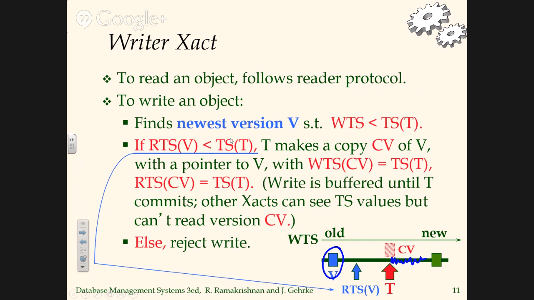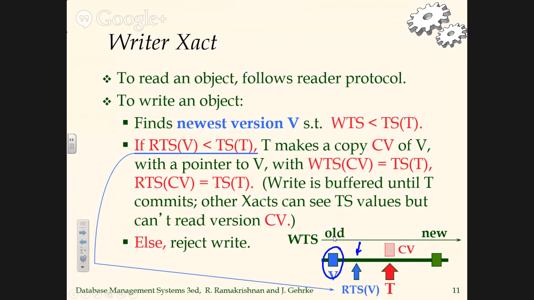If somebody read it, they read it here before you're about to write it. That means that you won't invalidate any reads, and so it's safe to update it. If this is not the case, if there is actually a read here, then you would invalidate some read and you reject the write and you in fact abort the transaction.